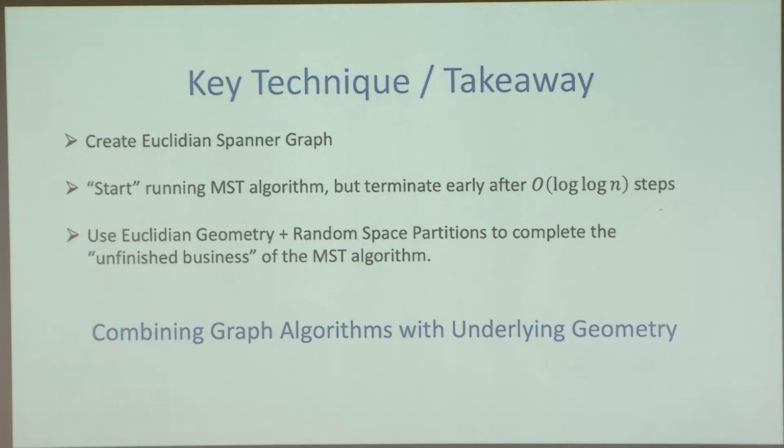You can imagine you may have some small components, and then we use this geometry information and a random space partitioning technique, and then we have a way to merge these subparts. So basically, in one sentence, it's just combining graph algorithms with the underlying geometry.